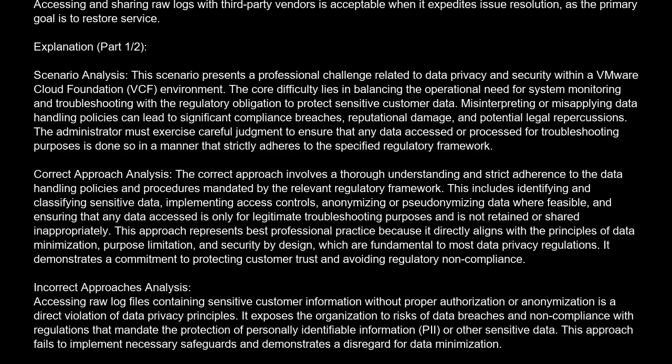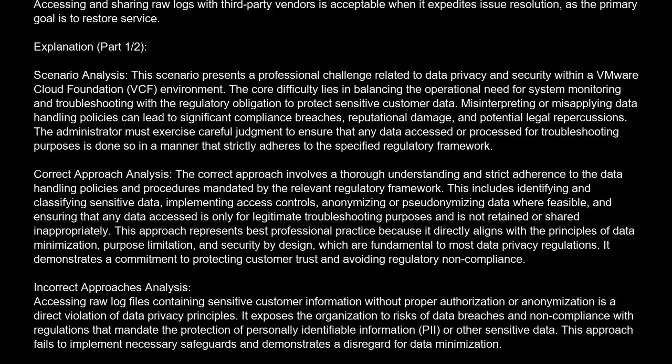Correct approach analysis. The correct approach involves a thorough understanding and strict adherence to the data handling policies and procedures mandated by the relevant regulatory framework. This includes identifying and classifying sensitive data, implementing access controls, anonymizing or pseudonymizing data where feasible, and ensuring that any data accessed is only for legitimate troubleshooting purposes and is not retained or shared inappropriately.